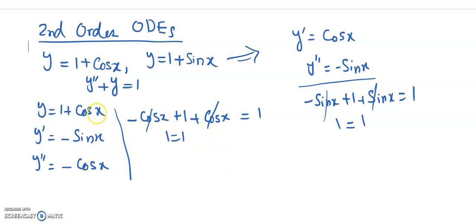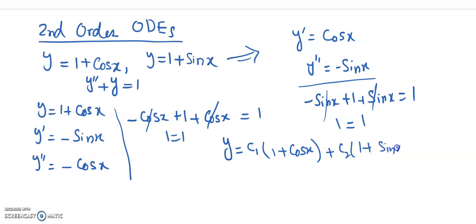However, can we now apply the principle of superposition for this differential equation? Remember that this is a non-homogeneous differential equation. So from the superposition, we assume that these two solutions can be combined by a linear combination. So we take C1 into 1 plus cosine x, and then plus C2 into 1 plus sine x.